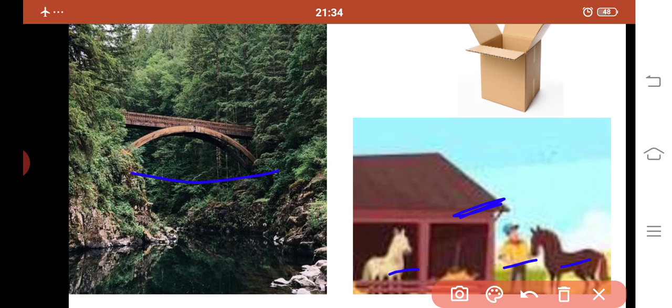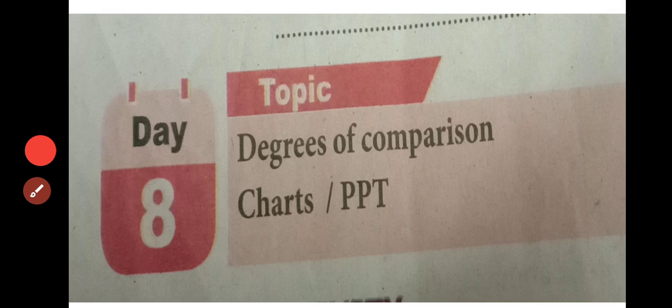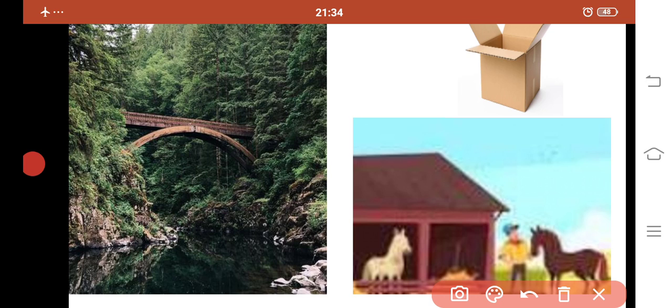Here the words strong, old, wooden and deep are adjective words. Here the horse is brown in color, so we can say brown horse, and this is a white horse. So here the words brown and white are adjectives.